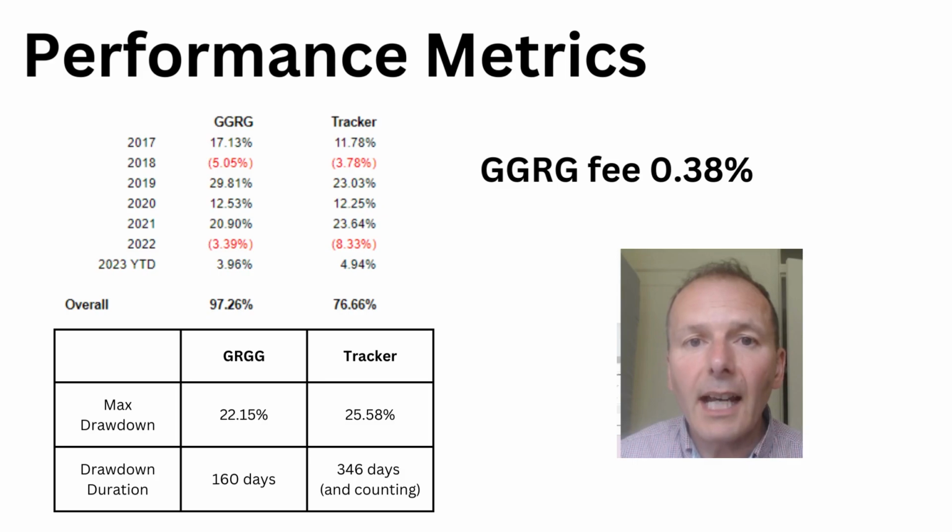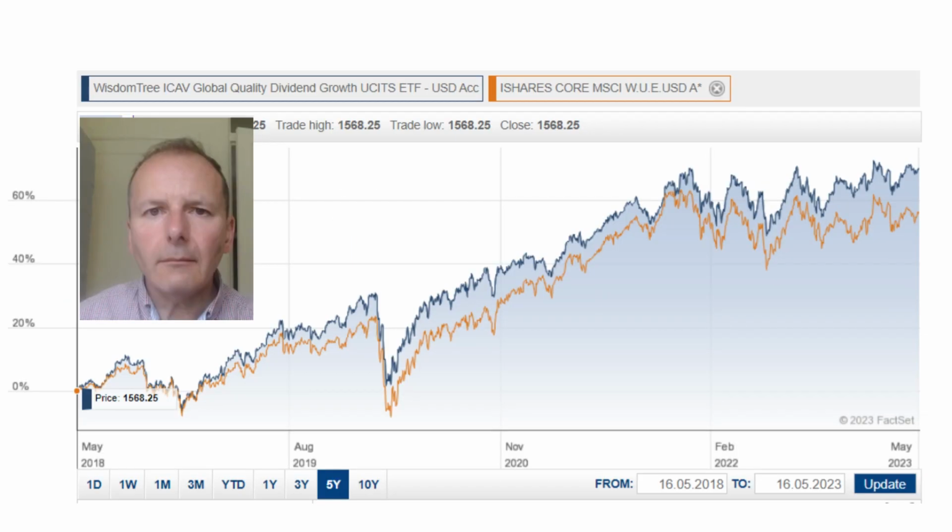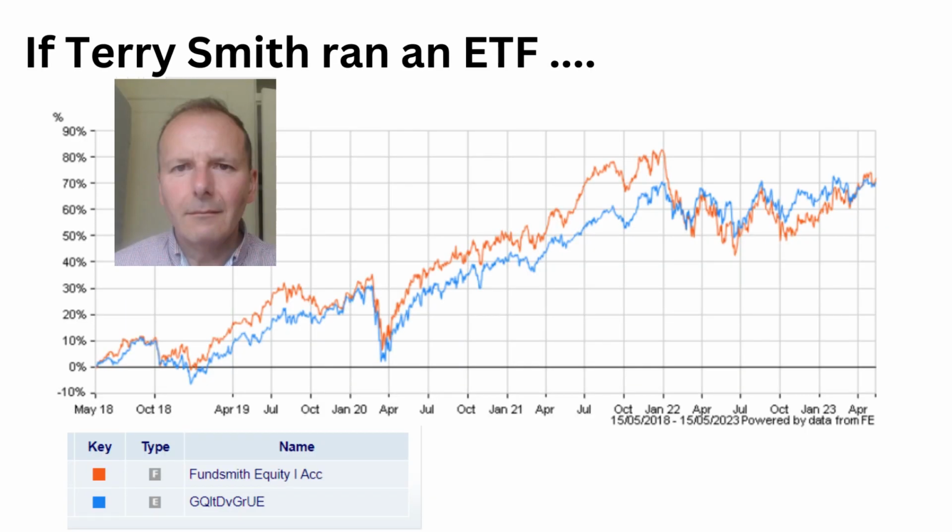It also has a lower maximum drawdown, and the duration of that drawdown was only 160 trading days for GGRG, whereas for a global tracker it's 346 trading days and counting. And the fee of GGRG is 0.38%, which is double or maybe even more than double what you'd pay for a tracker. And here is the performance shown in a 5-year graph, just to summarize things.